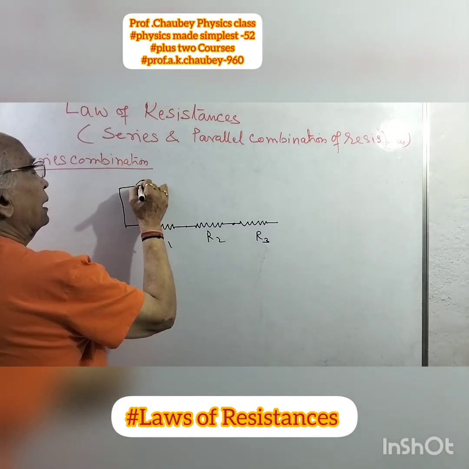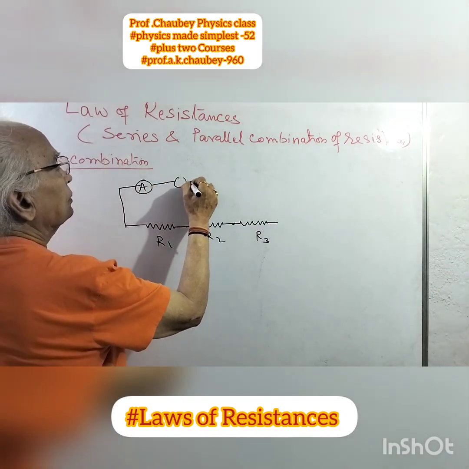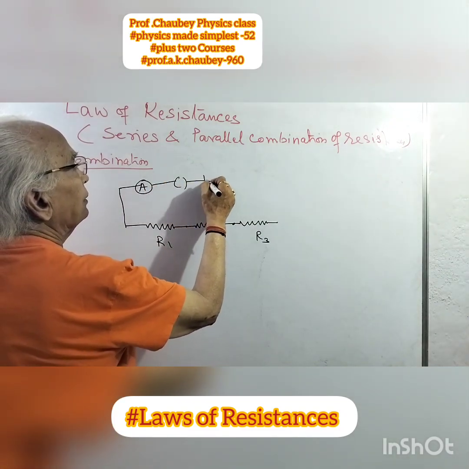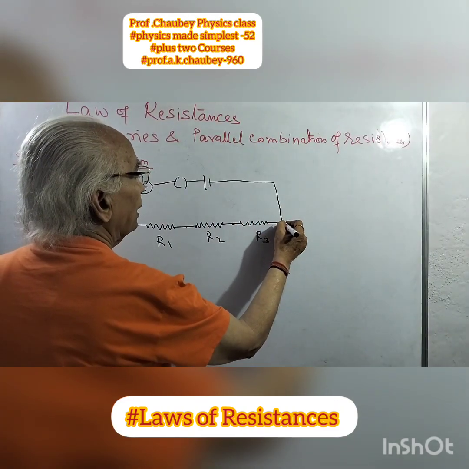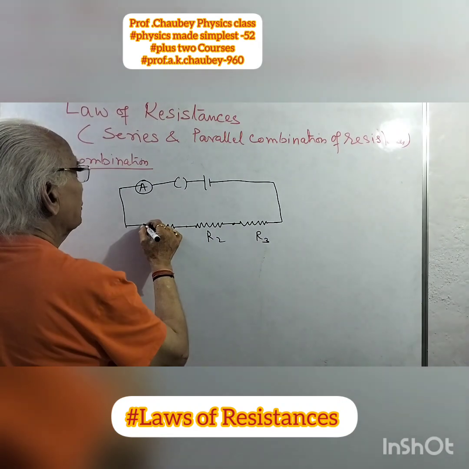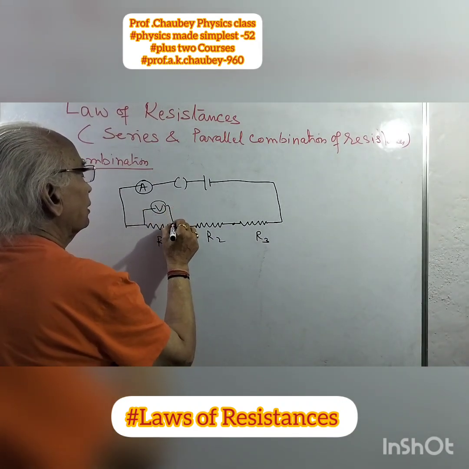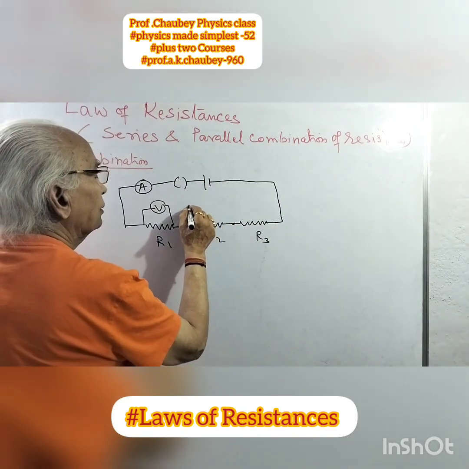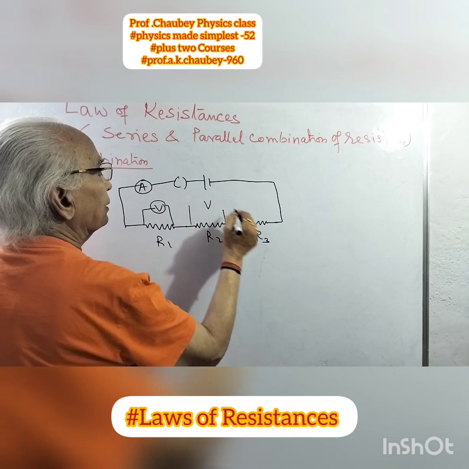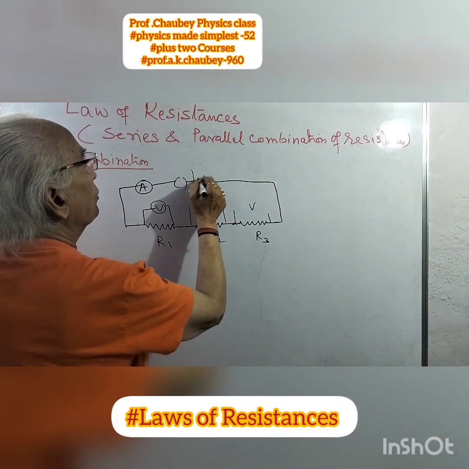an ammeter, current meter. I connect this with a switch, and then I put here a battery, a cell. And I have a voltmeter to measure the voltage, maybe here. It can measure voltage here, it can measure voltage here. So that is the voltmeter you can connect. It can measure the voltage here also.